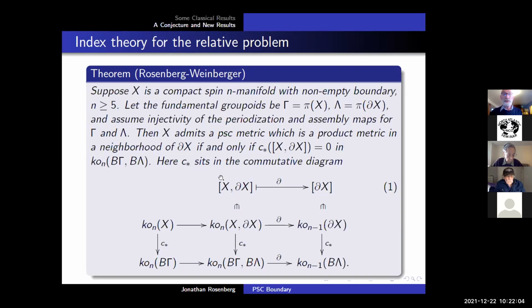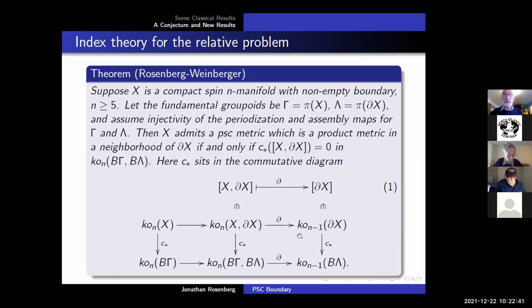Okay, so the fundamental class of X lives in here, KO_n of X rel boundary X. The fundamental class of boundary X lives in KO_{n-1} of boundary X, but we have a long exact sequence here, okay? So we have the fundamental class here, and we have a long exact sequence which goes across like this. Then we have the map C, which is induced by the classifying maps.